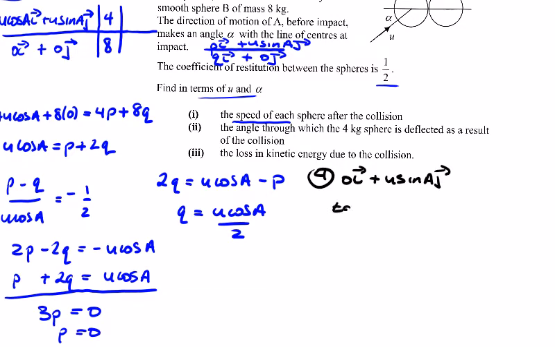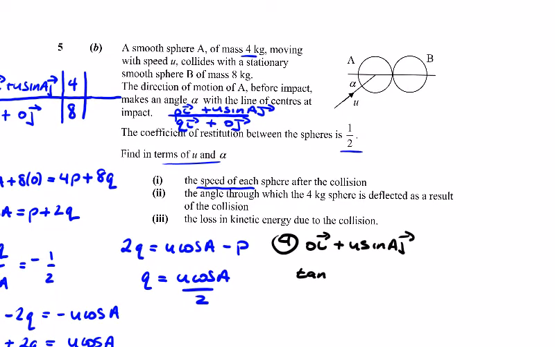The tan of the angle it's going in, call this angle B, is u sin alpha over 0, which is undefined. Going back to our diagram, it must be going in the direction at a right angle, so the angle of deflection is 90 minus alpha. I don't think we have any information to find alpha.